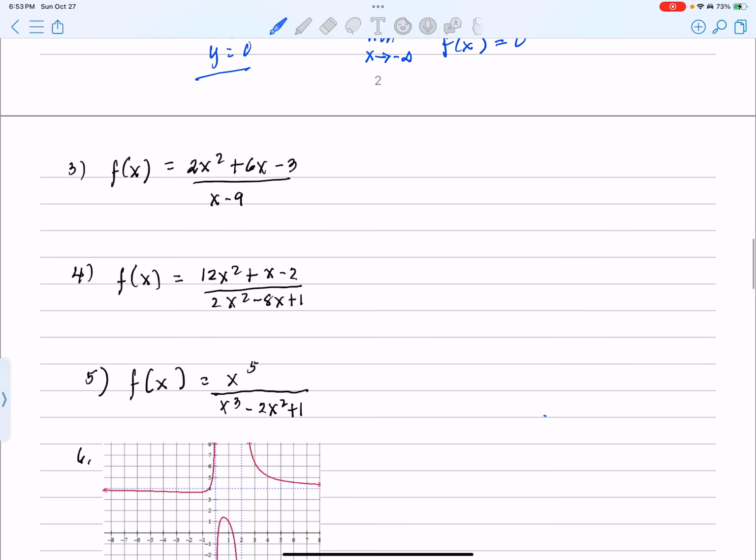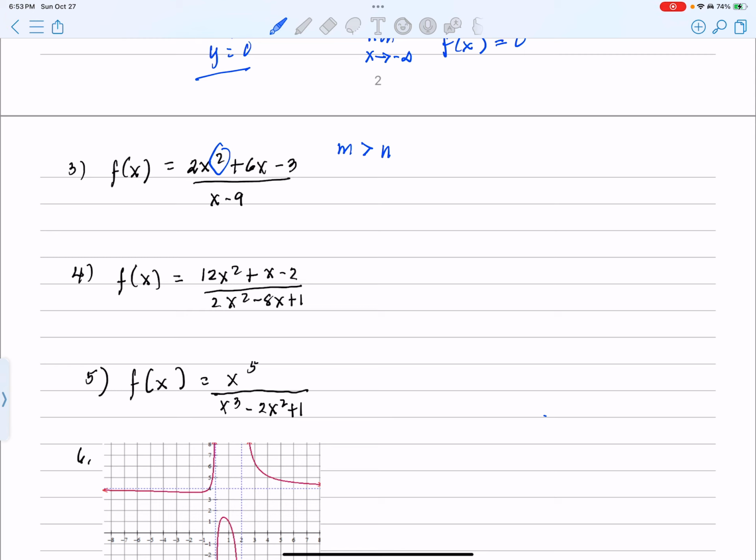Let's do number 3. The function of x is 2x squared plus 6x minus 3 over x minus 9. Let's look at the degree. The first thing you have to look at is the degree. That means the degree of the numerator is greater than the denominator. That is x right there.